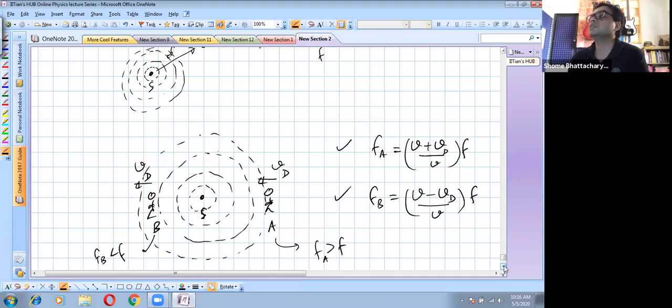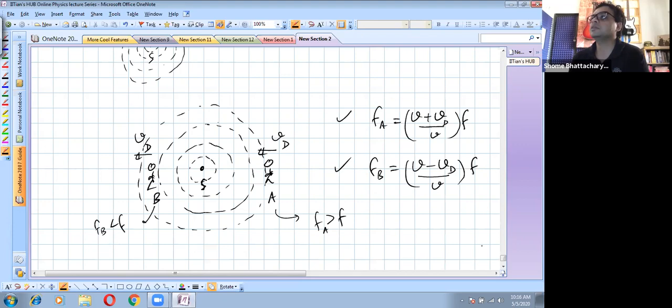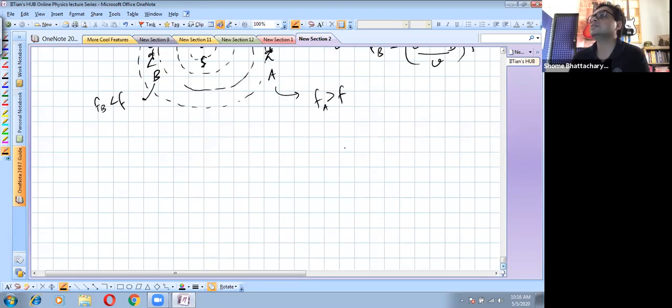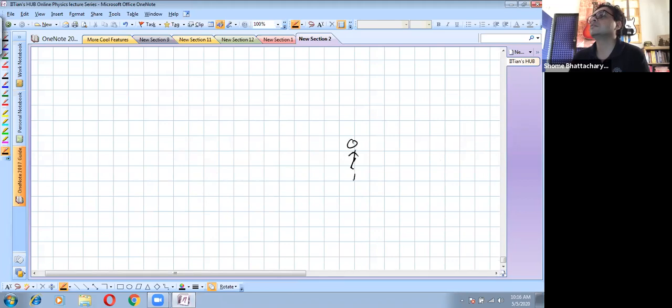So this is a situation where you have either approach or separation. Now similarly, if you have a situation where your detector is stationary, but it is your source which is traveling towards you, then right now the wavefront which has been produced is like this. But a little while back, the wavefront that was produced had some other center, because the source is moving like this.